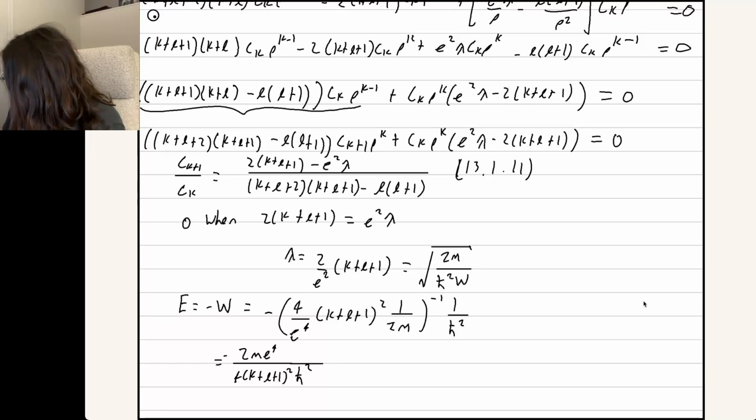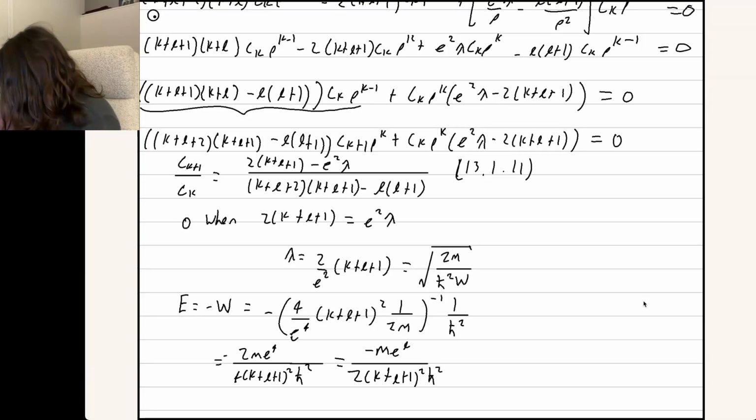And then the 2 will be reduced to 1. So you got 2 times k plus L plus 1 squared h bar squared, which is equal to your energy. And that is a proof of 13.1.14. So there you go.